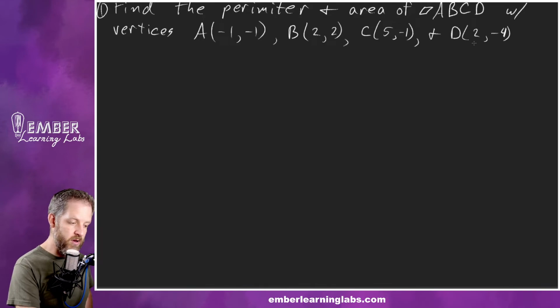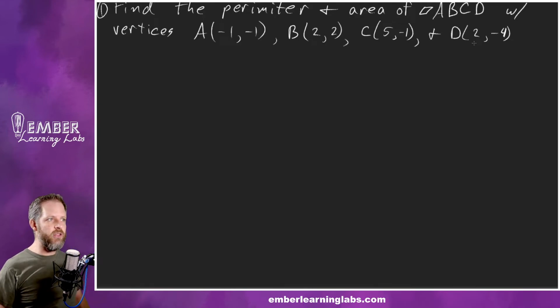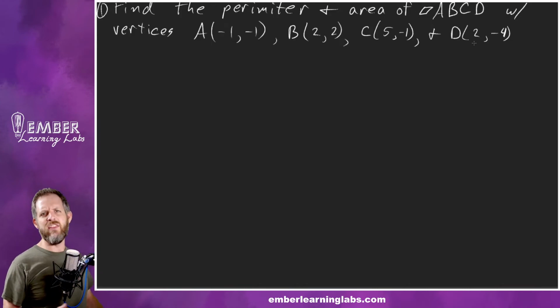Now, you notice we're doing this on the coordinate grid. I didn't even bring one in here because we don't really need it. Although I am going to make a little sketch so we can see what's happening and think through what's going on, right?